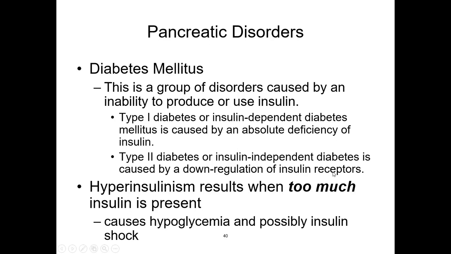They cannot detect insulin in the blood. Very different origins. However, the pathology, the hyperglycemia, too high blood glucose level, is the same for type 1 and type 2 diabetes.